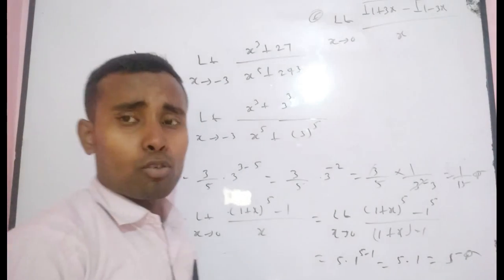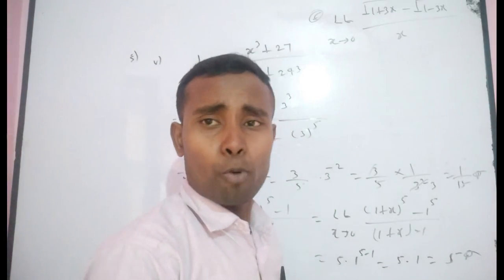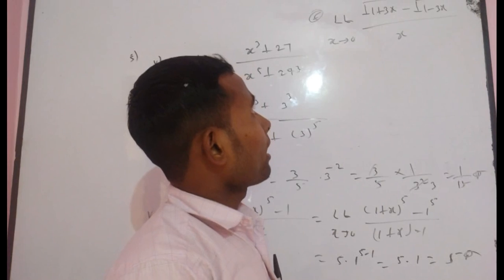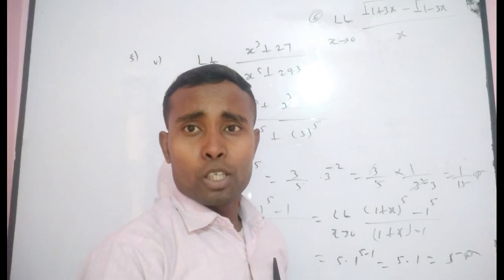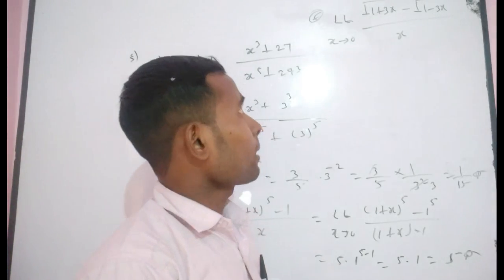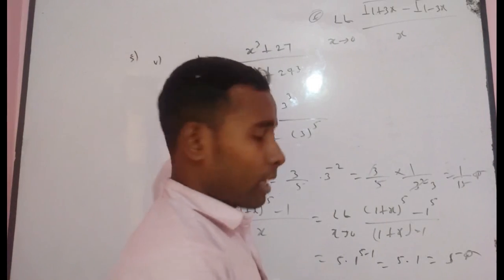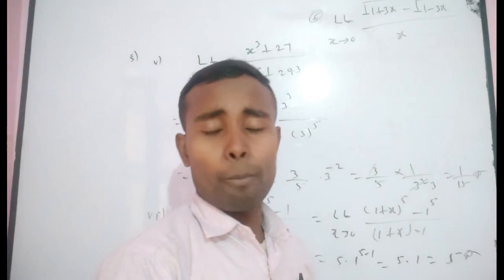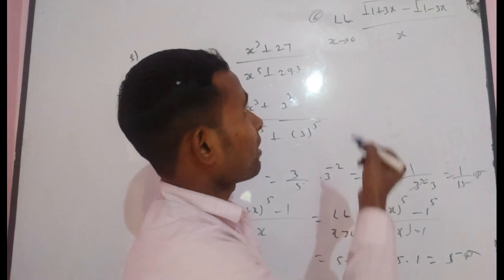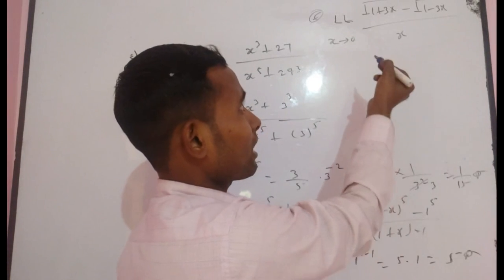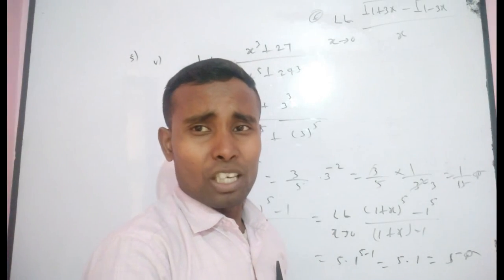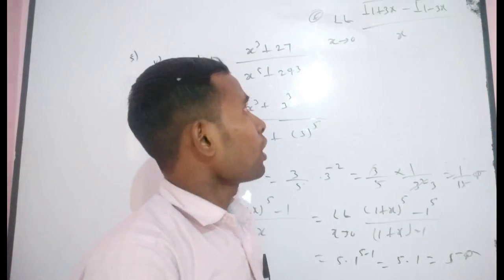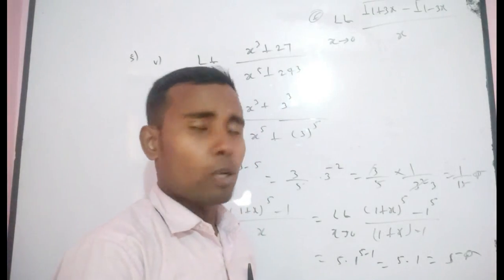How can you solve it? As you know, in this problem there is no formula by which you can solve it, so definitely you have to solve it another way. If you try putting x equal to 0, you get something different. You get 0 by 0, which is not any real number. So you have to solve it by some usual way.